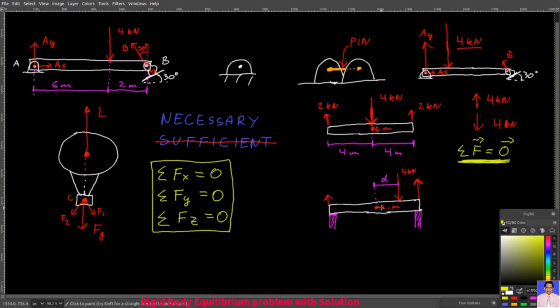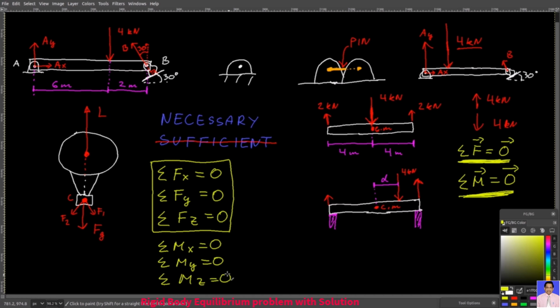Since moments make objects rotate, the additional condition is that the sum of all the moments in all the directions must be zero. So now we also need to have this condition. Or I can also write all the moments about the x-axis must be zero, all the moments about the y-axis must be zero, and all the moments about the z-axis must be zero.